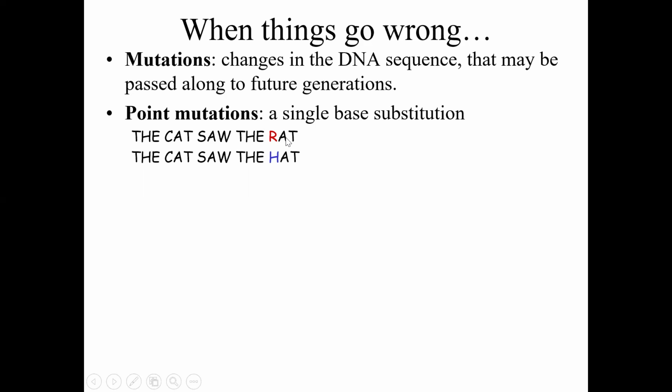Now there is a single substitution of the nucleotide. Instead of R here, it is replaced with H. So now the sentence will read, the cat saw the hat. So it means the entire sentence changes meaning. That's how mutation changes the information that is carried in the DNA.